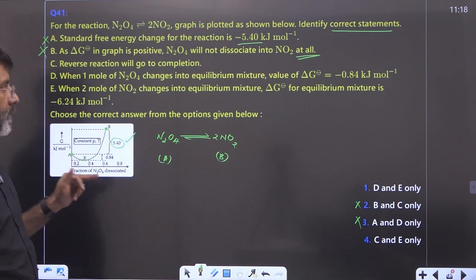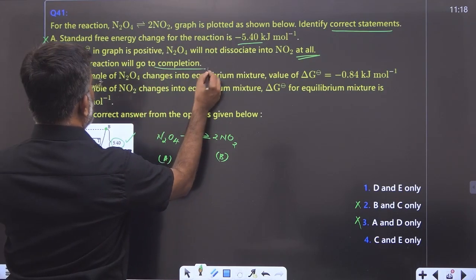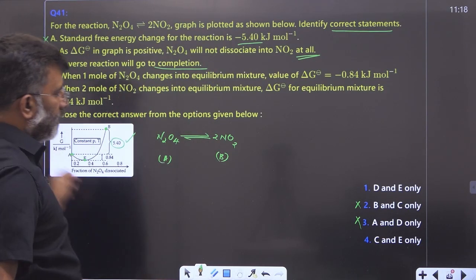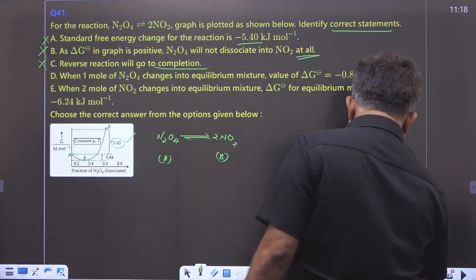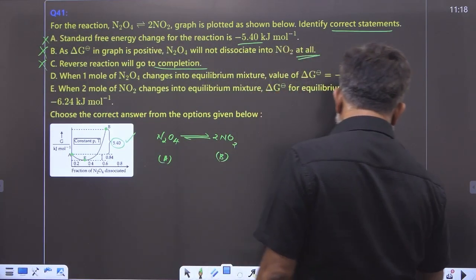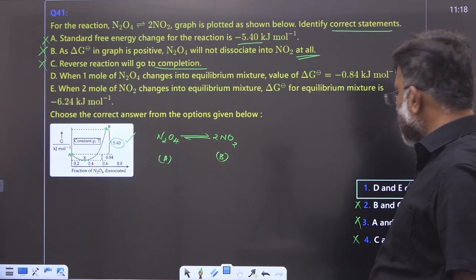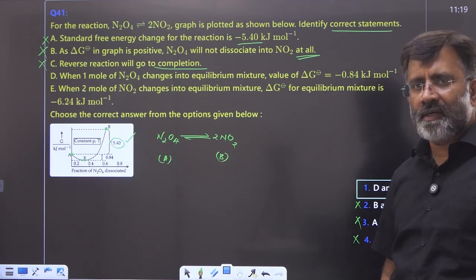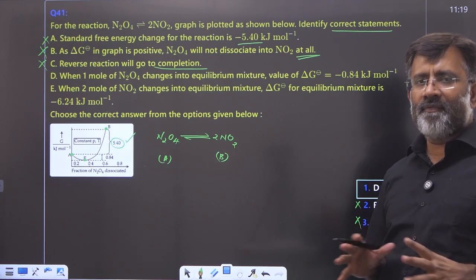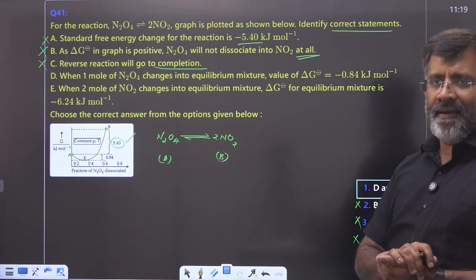Equilibrium at E. So there is no point of talking completion. C is wrong, and we get our answer. Option 1 should be the answer. D and E, we haven't cross-checked, but we can confirm the answer should be D and E, first choice.